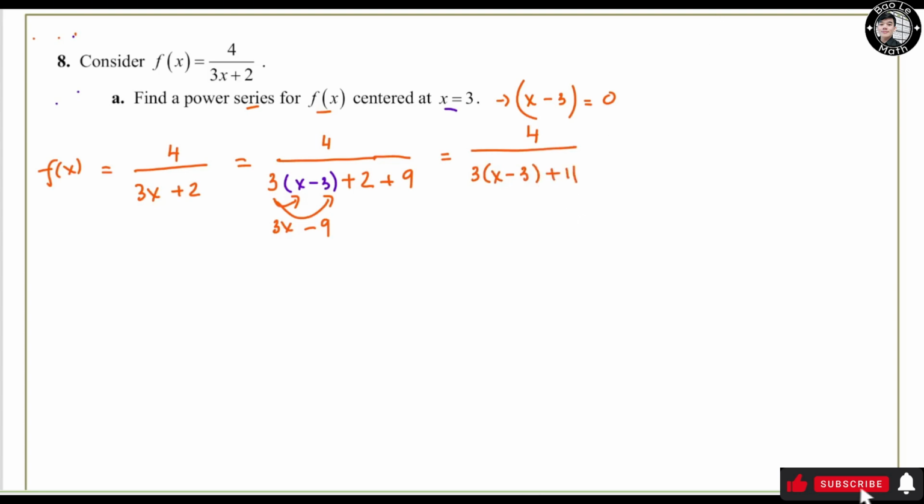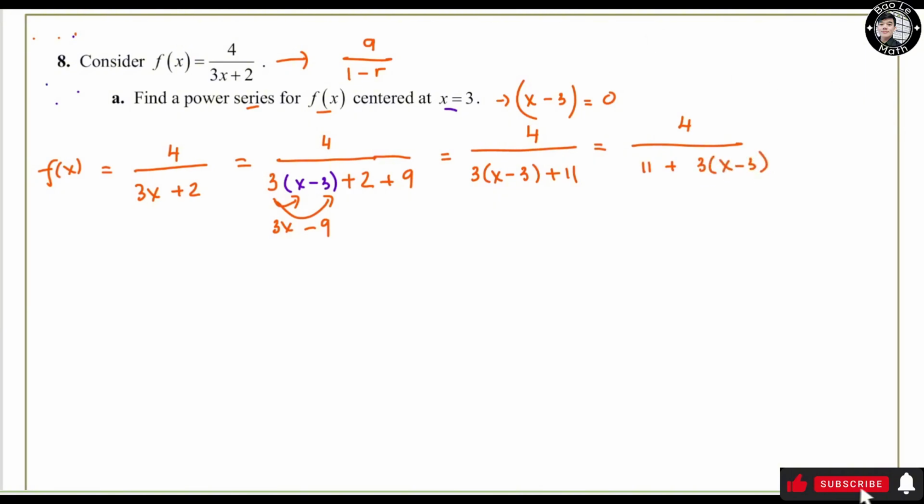Remember, you need to rewrite this in the form a over 1 minus r. Now 1 is in the front, so I need to flip this one. It's going to be 4 over 11 plus 3 times (x minus 3).